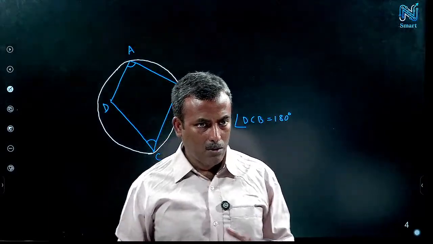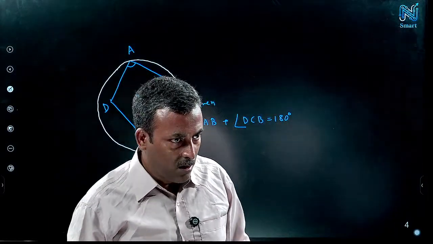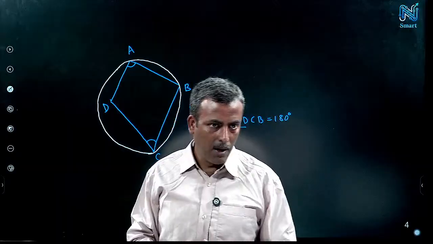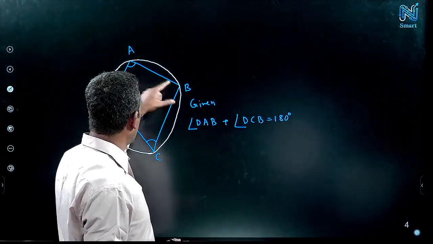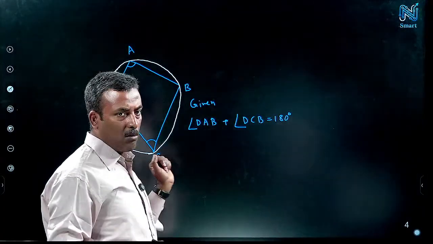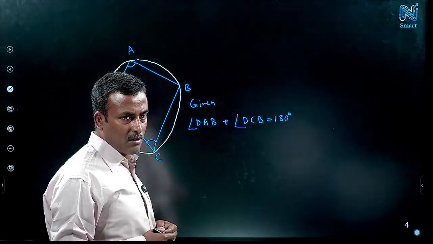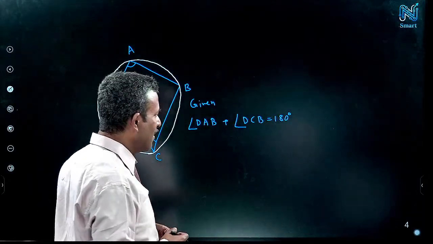Now we draw a circle passing through A, B, C, and D is a point inside the circle. Is the sum 180, or bigger, or lesser? It's not possible in this particular case.